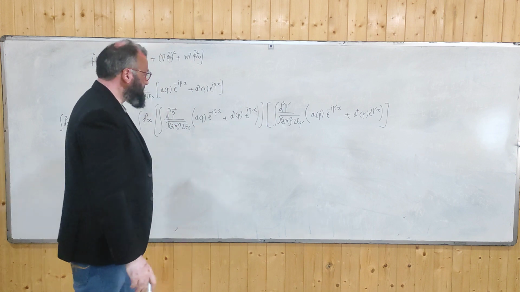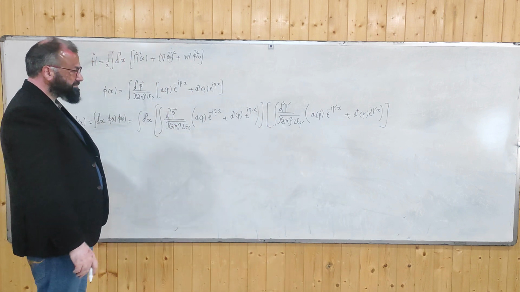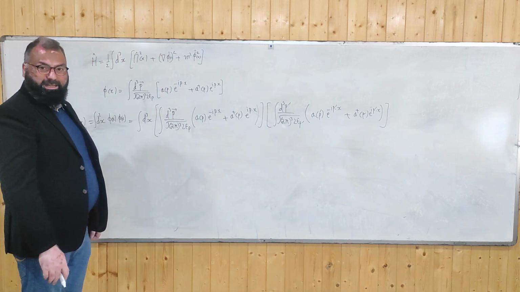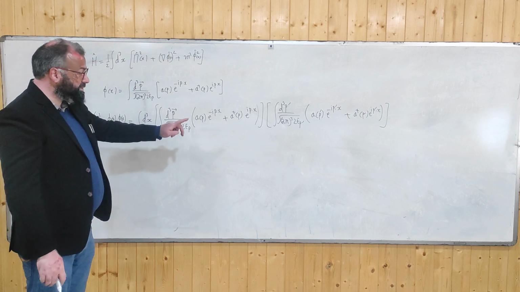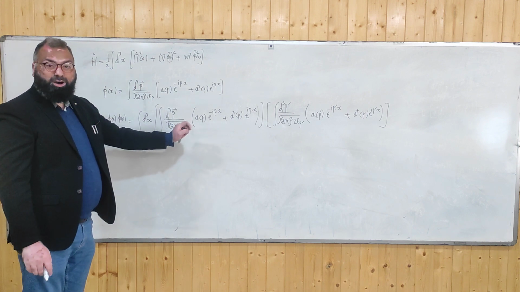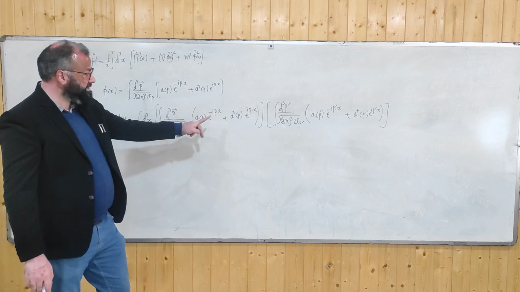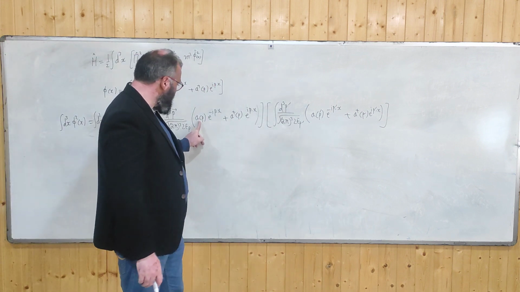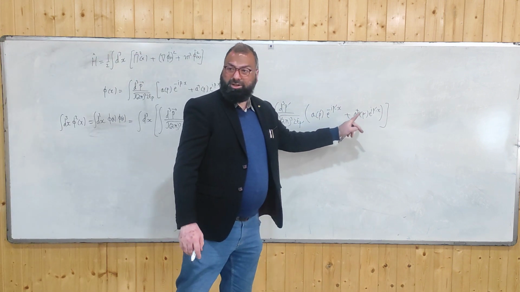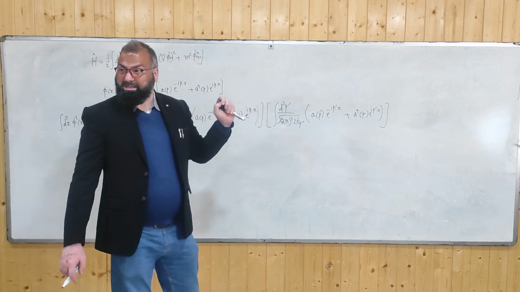Clear? Now let's multiply, but keep the order, because a and a dagger are operators. A comes first, then a dagger. Keep track of the order of these operators.